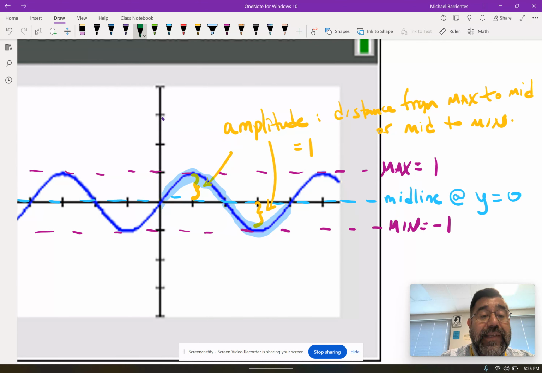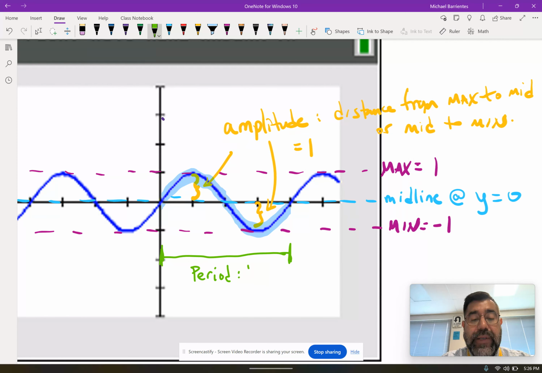So the distance from the start of this pattern, which we call the cycle, to the end of the cycle, this is what we call the period. So the period is the length of the cycle. How long does it take for the cycle to complete? From start to finish, I'm measuring that length.